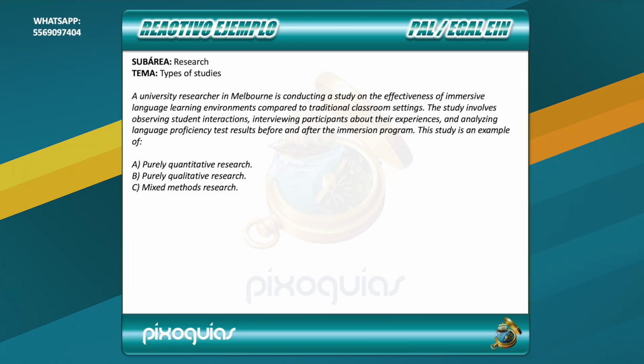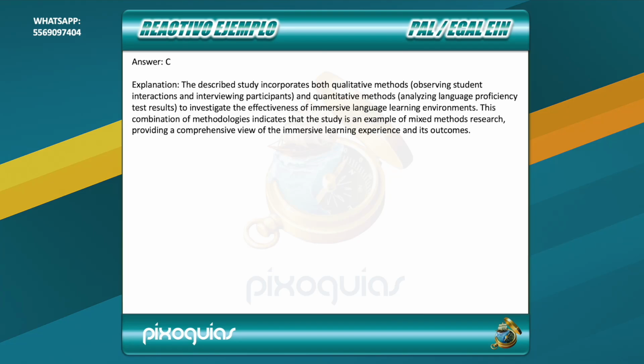This study is an example of Option A, purely quantitative research. Option B, purely qualitative research. Option C, mixed methods research. The correct answer is C.